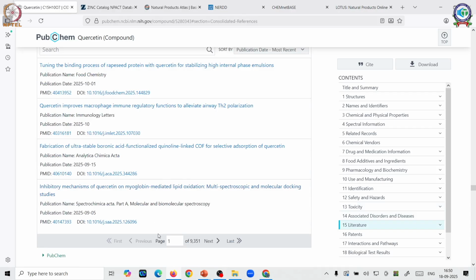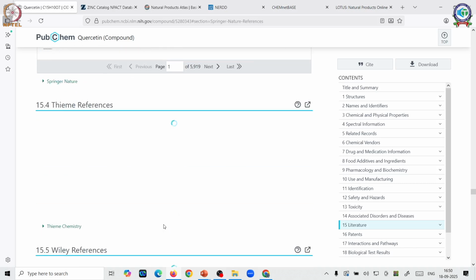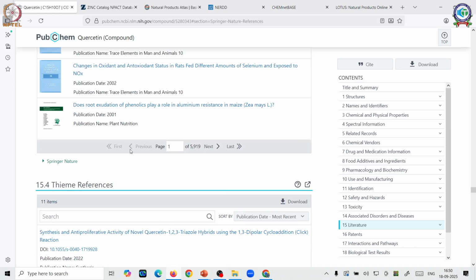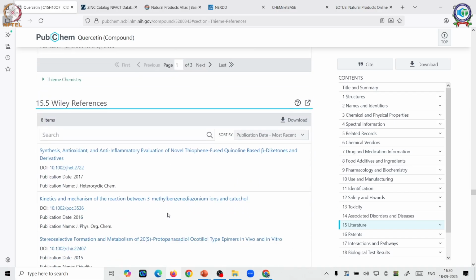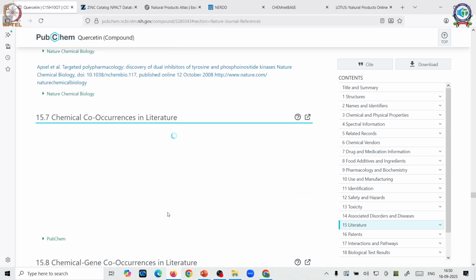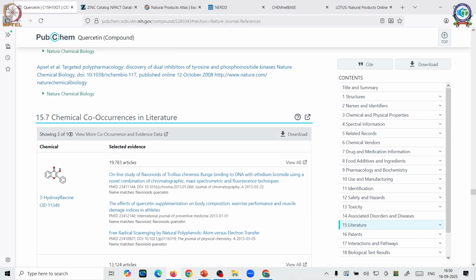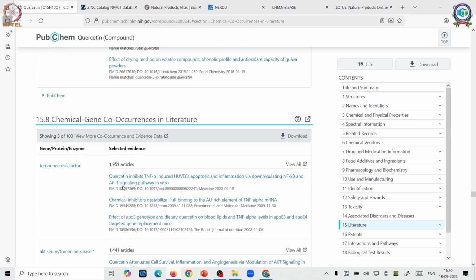And see some literature, like I said, this is just page 1 of 9300. So imagine how much they have to offer us in terms of literature. So about 5000 more pages you can search where you will get the literature pertaining to that. Wiley references, Nature journal references, chemical co-occurrences, if there is any other flavonoid which is structurally related.